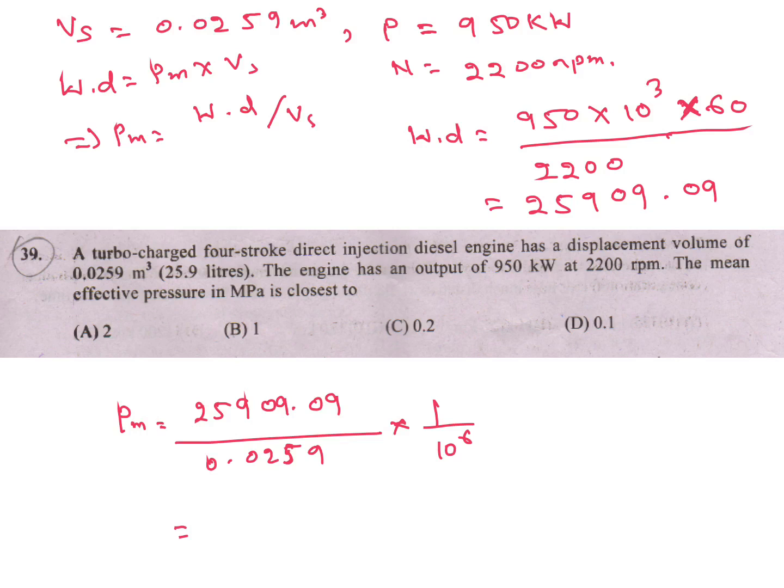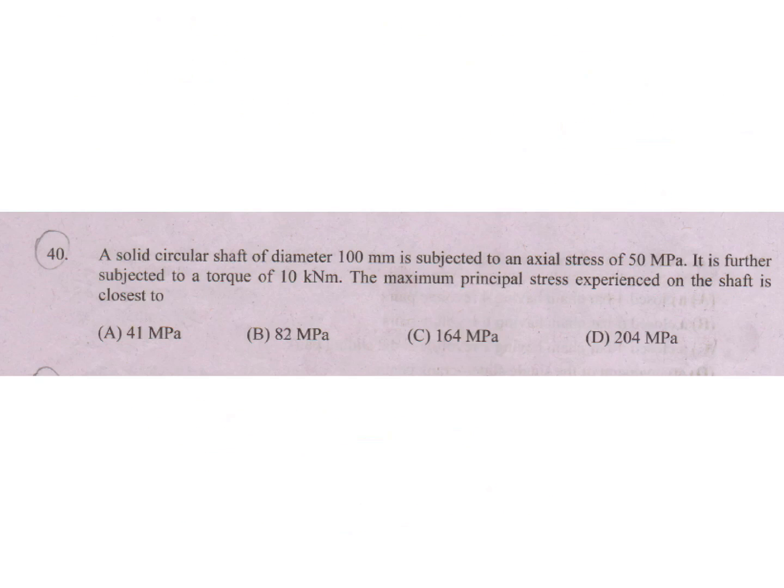So B is the answer. It's 1.00003 megapascal. B is the answer. Little bit time taking. This question also again it will take more time, and calculation also require. Without calculator little bit difficult.